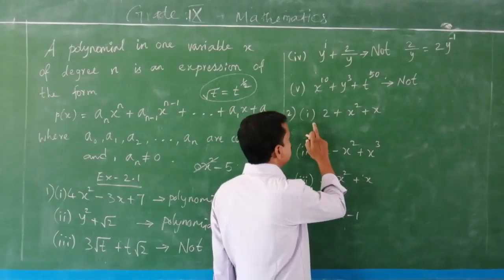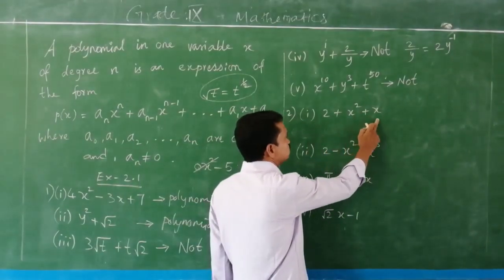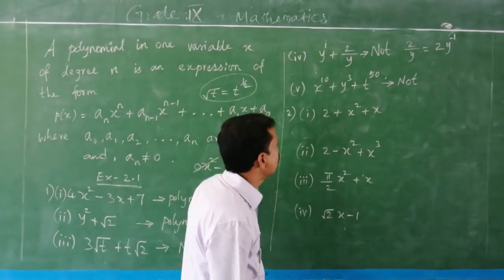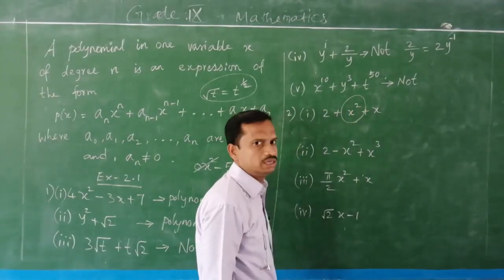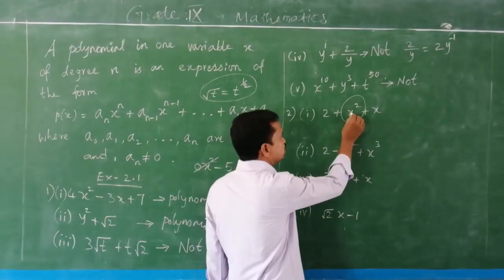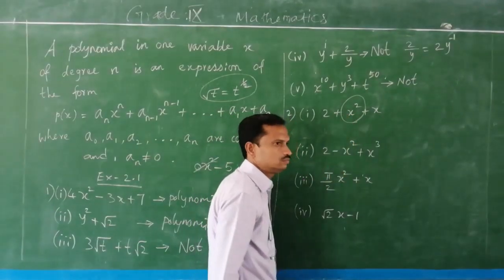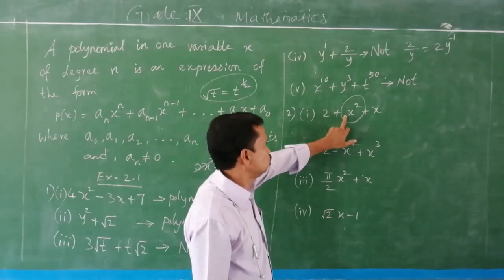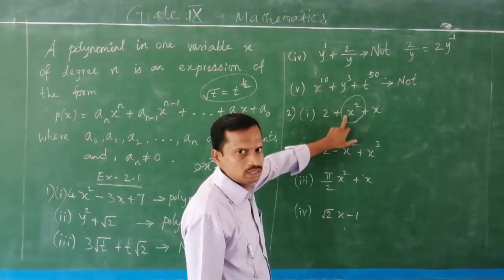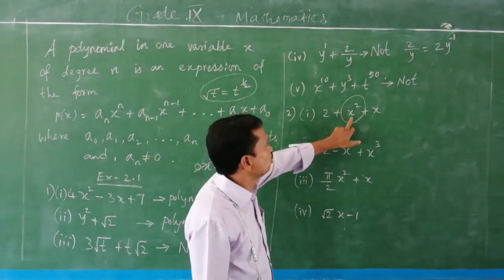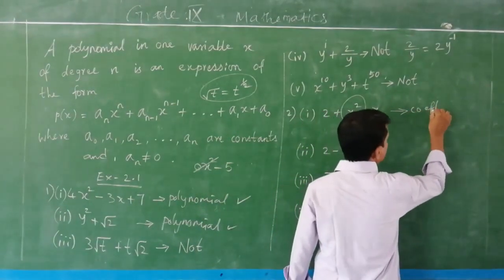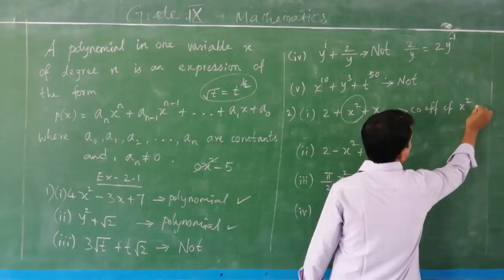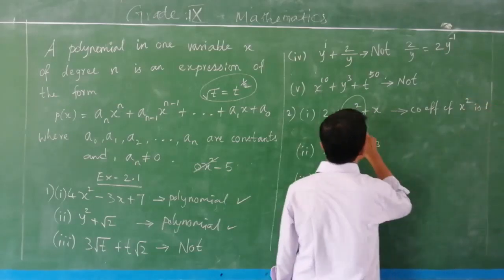So here 2 plus x square plus x is a polynomial, and you observe x square. So here the x square coefficient is 1. If there is no numeral, we have to take it as 1. So the coefficient of x square is 1 here.